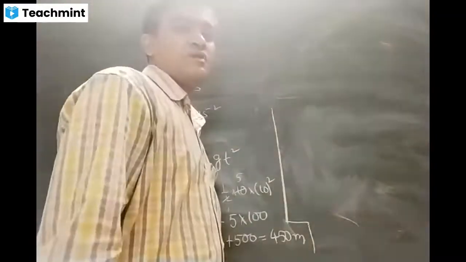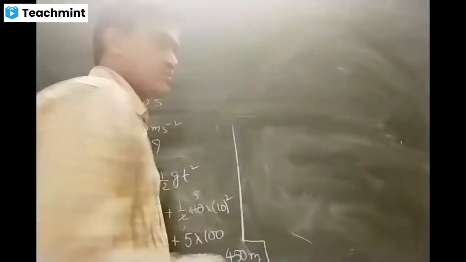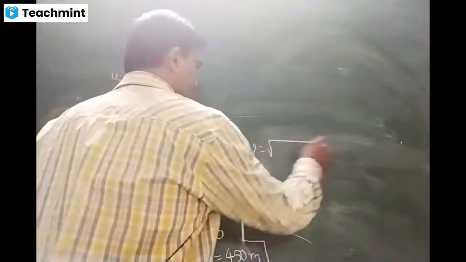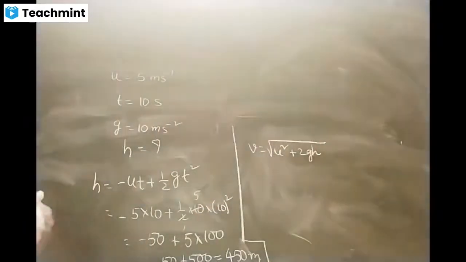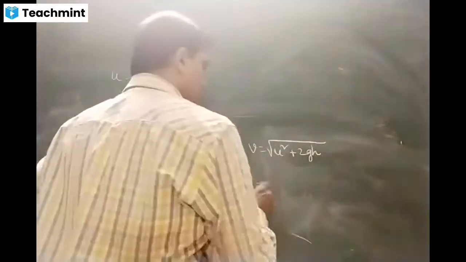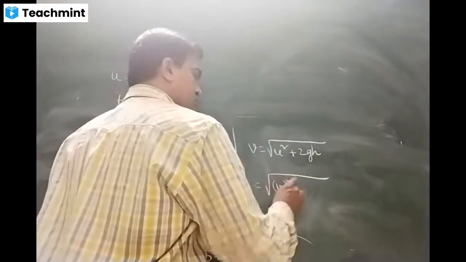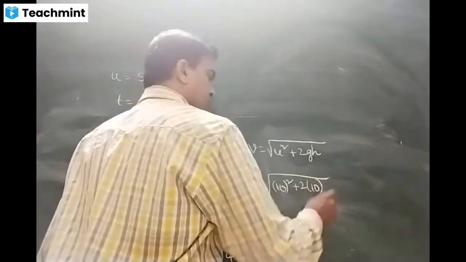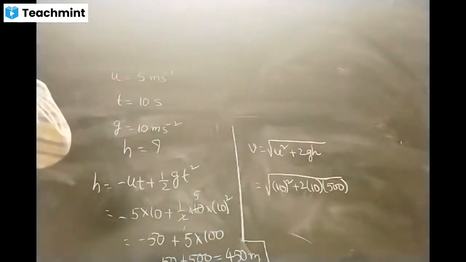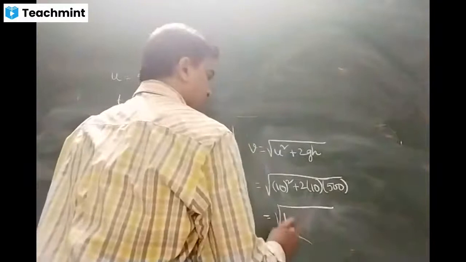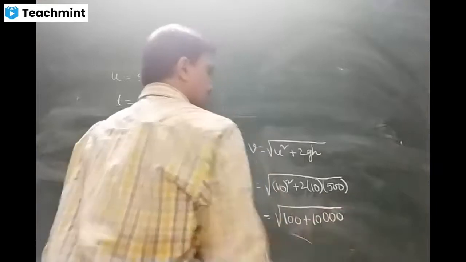I want the formula you have used. V is equal to square root of u square plus 2gh. So this comes out to be root over u square, u is given as 10 meter per second, so 10 square plus 2 into 10 into height, 500 meters, which comes out to be 100 plus 10,000.